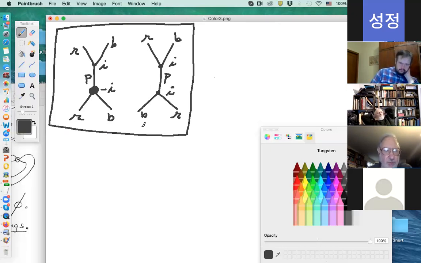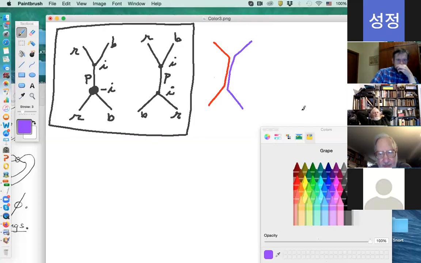And of course, you realize what this is in terms of coloring. Let's draw it in terms of coloring, the two cases I just drew. We have red, purple, red, and we have blue, purple, blue. And in the other case, we have blue, purple, blue, and we have red, purple, and red.